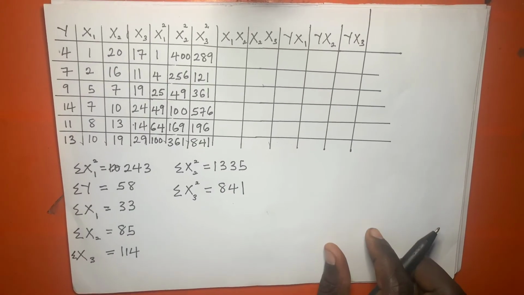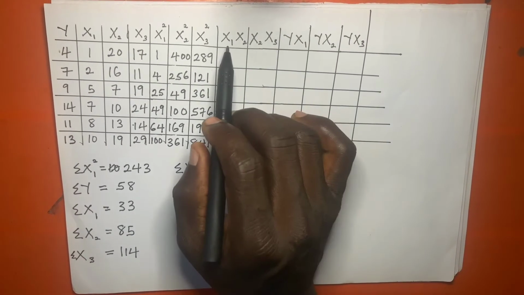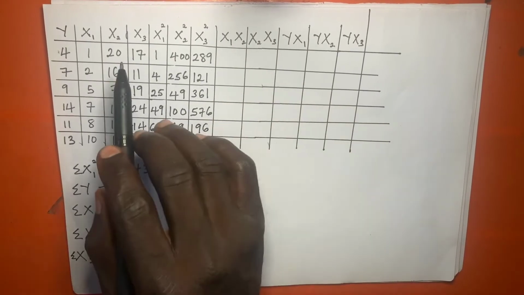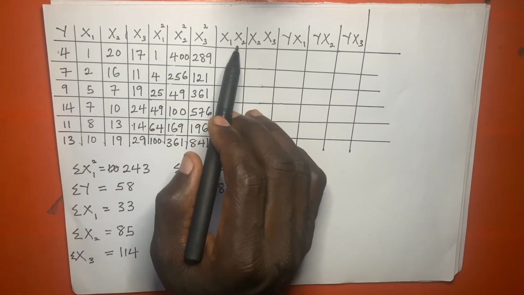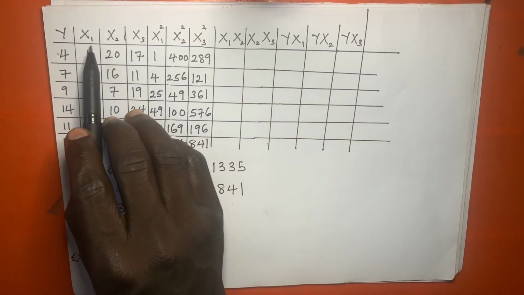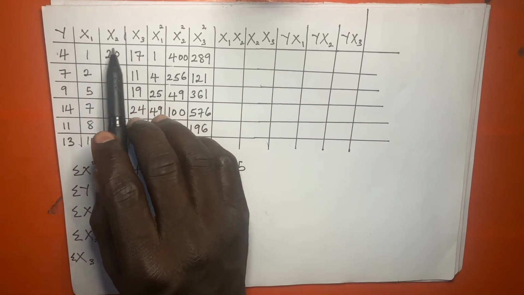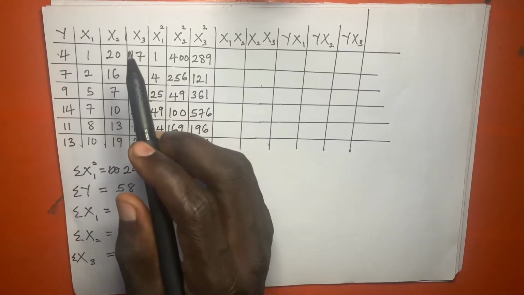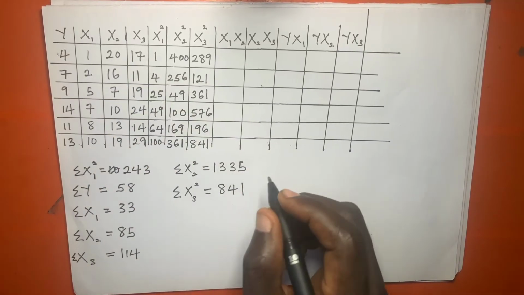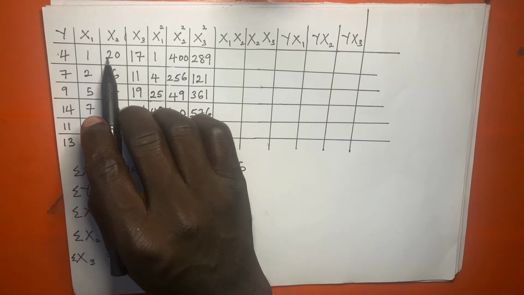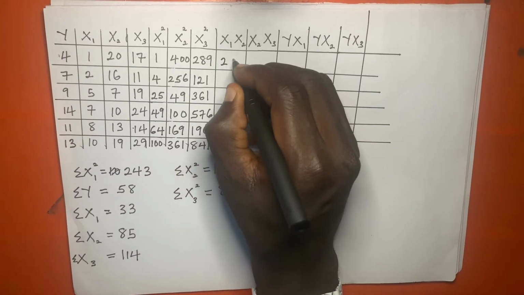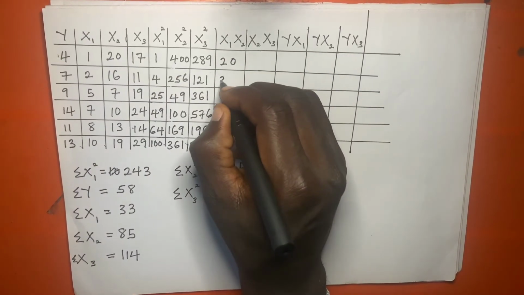Now what remains? Multiply column x1 by column x2. That's why we have x1, x2. x1 multiplied by x2. So if we multiply the two, we are going to have a column x1, x2. That is 1 times 20 will give us 20. If we continue that way, we have 32.